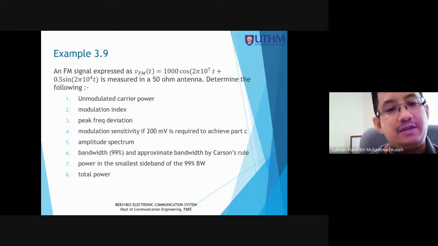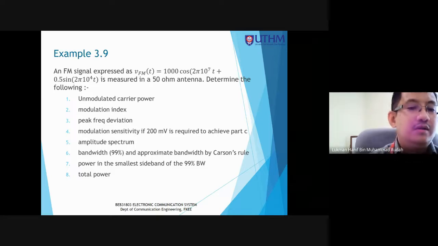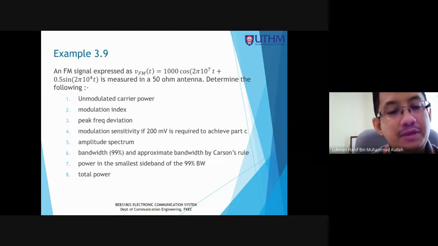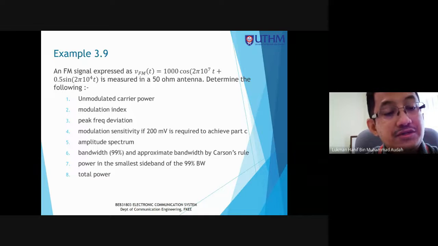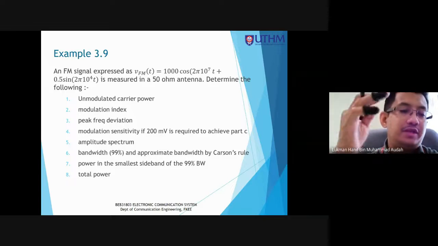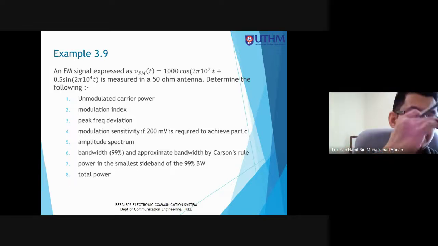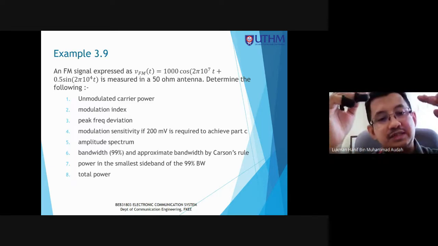Example 3.9. Nampak. So, okay, this kind of example is a good practice for the final exam, because if you see the final exam, it has a structure like this. First ask about this, then this, then this, then this. So dia ada beberapa steps.